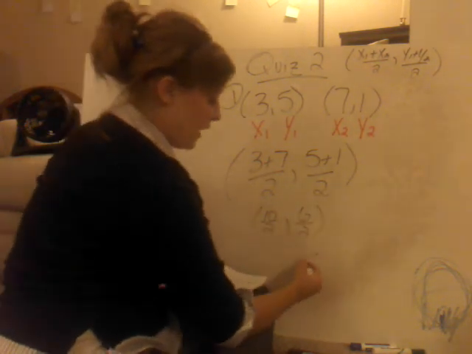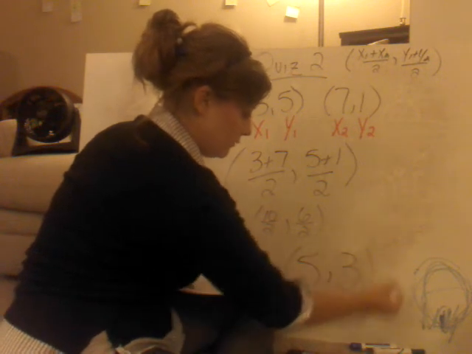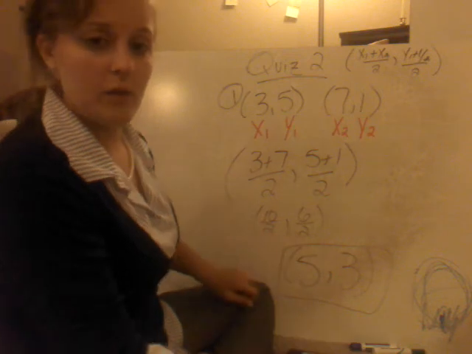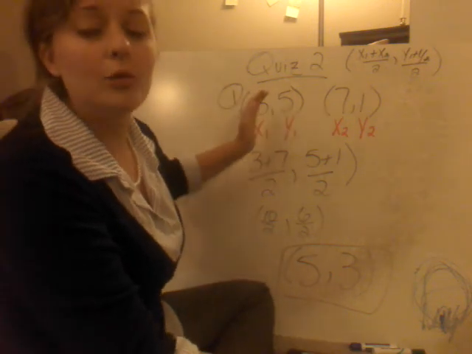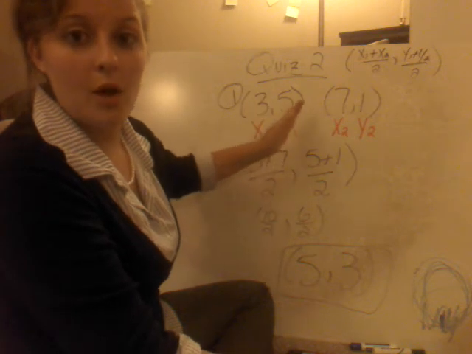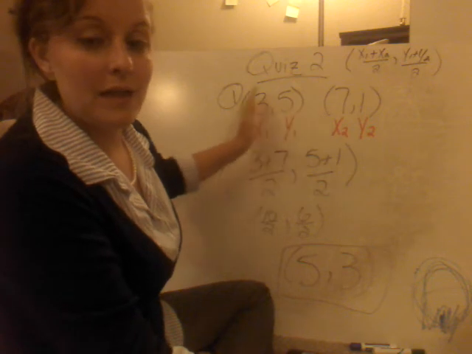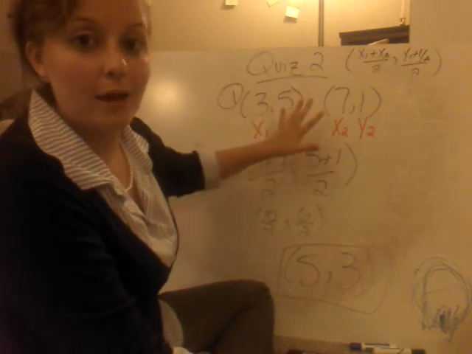My answer is 5, comma, 3. Main point right here: always x, comma, y. Not x and x. Never x and x. X, comma, y.